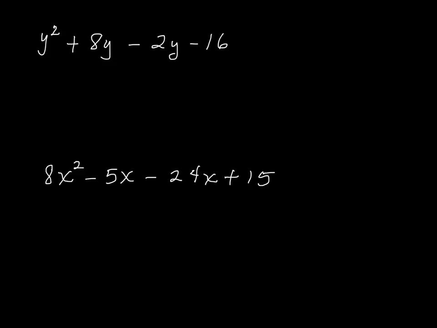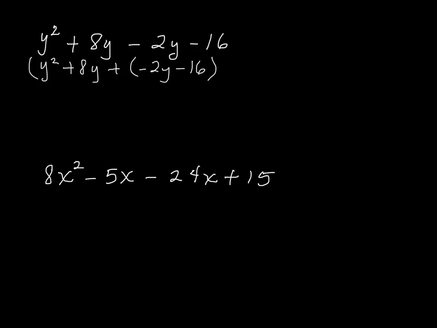Okay? But let's leave them separated and let's group them. We'll have y squared plus 8y plus negative 2y minus 16. Remember, you have to keep the negative with the 2y.